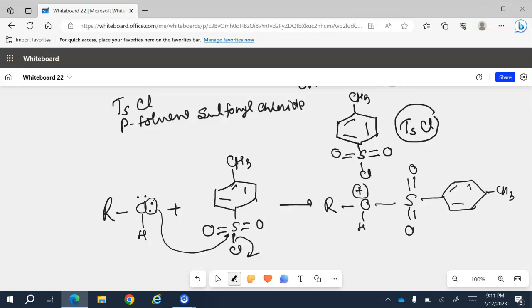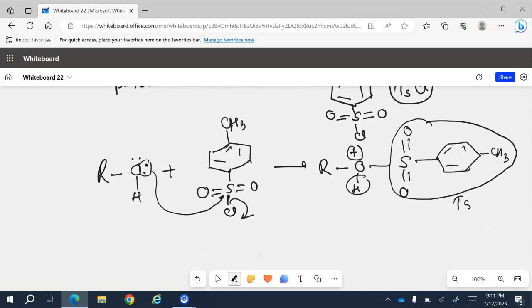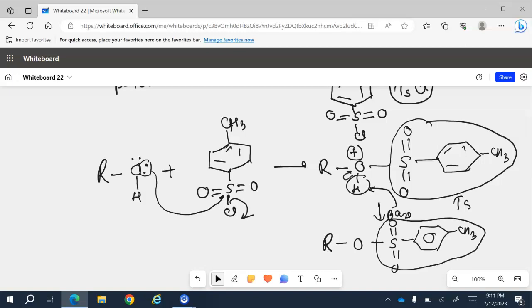And now next we deprotonate that. This is again in shortcut, this is the group that we write as Ts. Now you deprotonate this, and you can use any base to deprotonate that. It's pyridine normally we use. Then the result is ROS double bond O, and then you have this whole toluene group there, which is again represented as Ts.